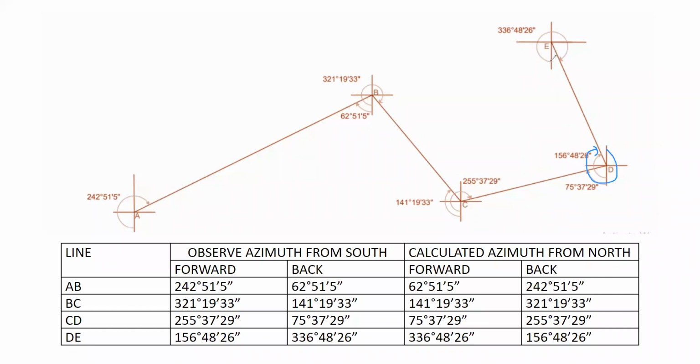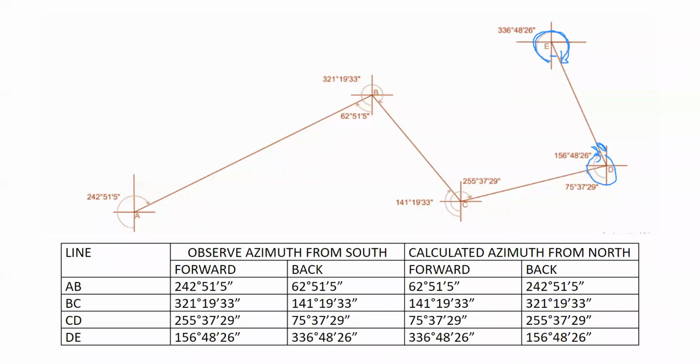Itong angle na to is just equal to this angle, right? Kasi itong angle na to dito is just equal dito rin. Okay? So we can say na itong angle na yan is just equal rin sa angle na ito.